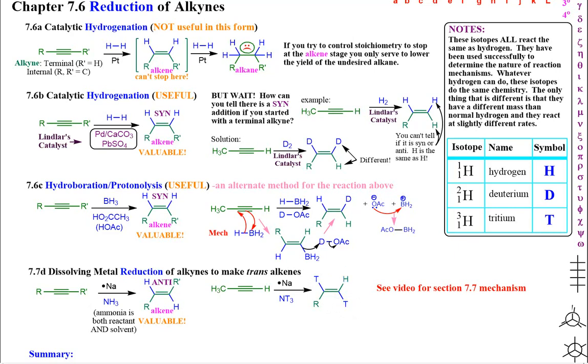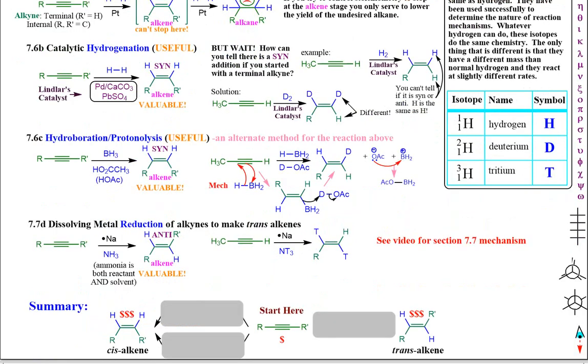And let's finish by summarizing, and then you can go and watch the video on the radical reaction of sodium and ammonia with alkynes. Big finish. How can we go from an internal alkyne to a cis alkene depicted here? We had a couple ways. We use a combination of hydrogen, palladium on calcium carbonate, and lead(II) sulfate.